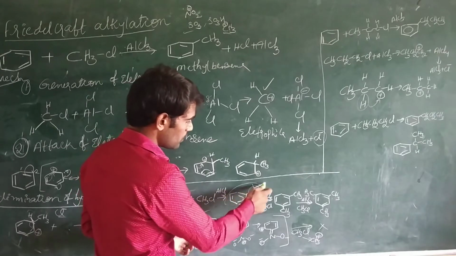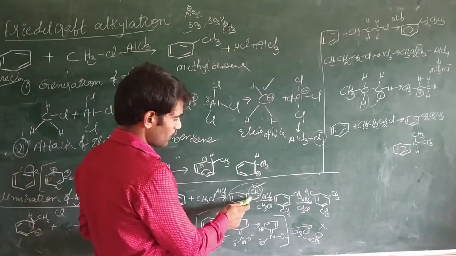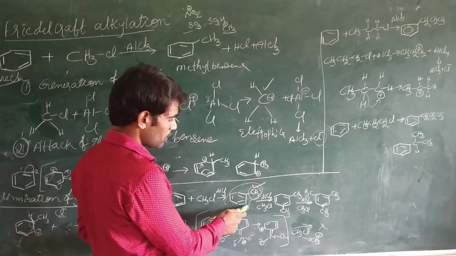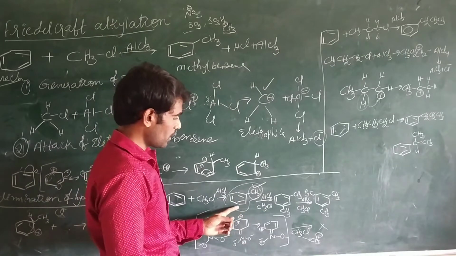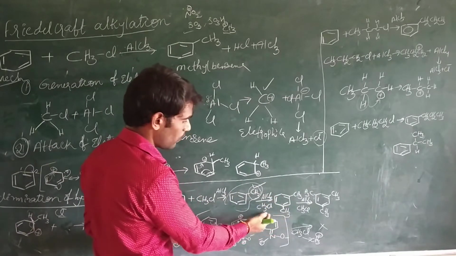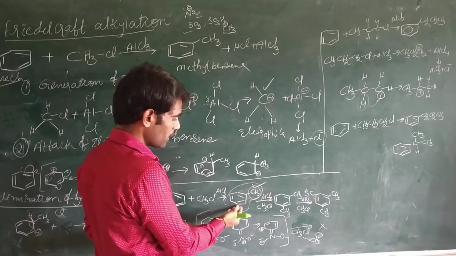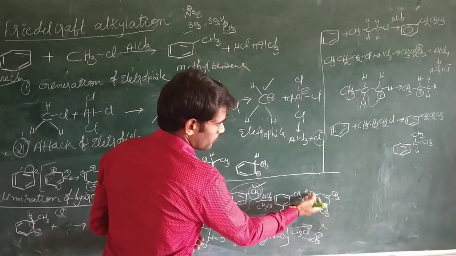Anyway, this is benzene, the methyl group acts as an electron donating group, and this electron donating group is pushing electrons, and ortho and para positions are getting a negative charge. As a result, one more CH3 plus will attach to one more ortho or para position.